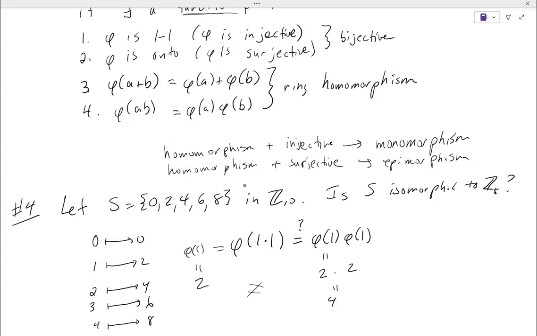It's a lot easier to show something's not isomorphic if they actually aren't isomorphic, because I can find a property that one has that the other doesn't. It's a lot harder to show that something is isomorphic because the only way I can do that is to find the function that works.